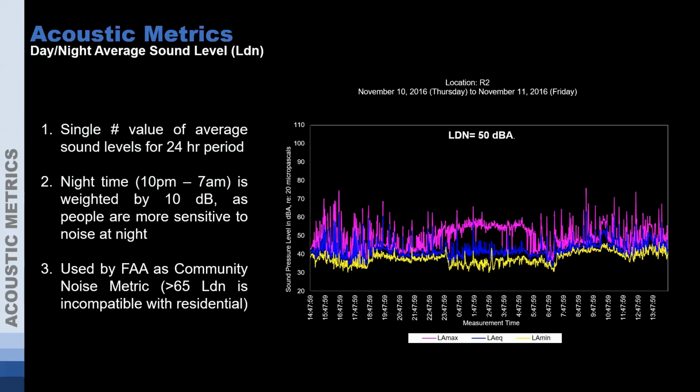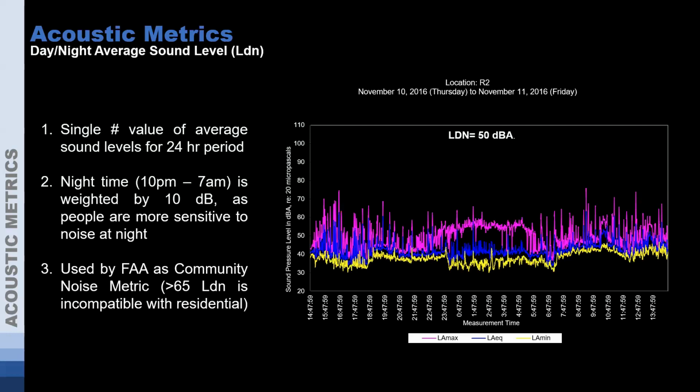Now, an LDN is an average over 24 hours, so a whole day. Nighttime levels between 10 p.m. and 7 a.m. are penalized and given an extra 10 decibel weighting. Other than that, it's just an average of the sound levels throughout all of that time.